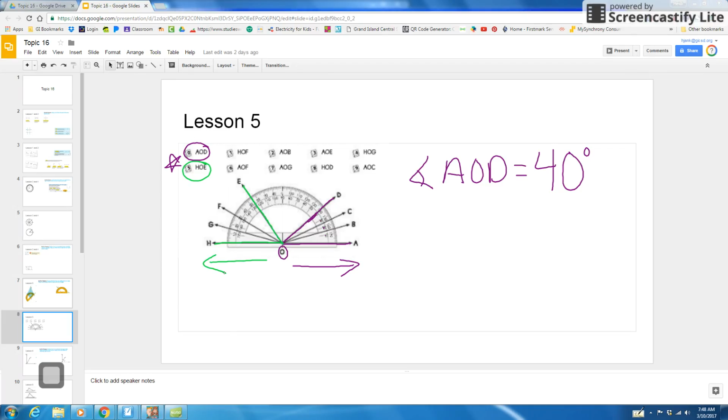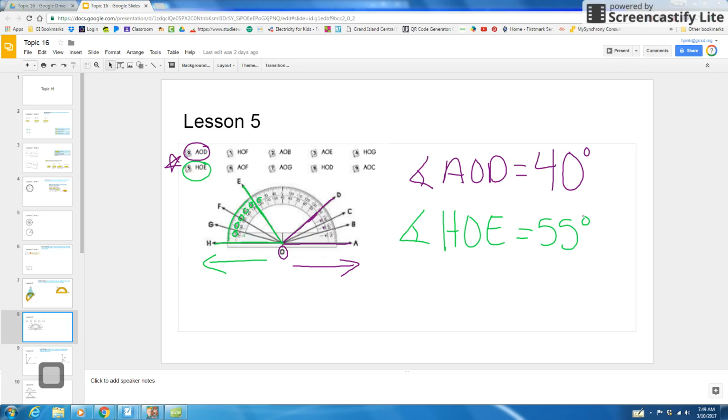And because you want to make sure you're going up or increasing in your measurement, it would not make sense to start here at 180 and measure this way because it wouldn't make sense for our angle numbers to be getting smaller. So we want to make sure we're on the top of our protractor when we're measuring. We have our 10, our 20, our 30, 40, 50, and 60. And our E falls right between 50 and 60. So our angle H, O, E would be equal to 55 degrees, okay?